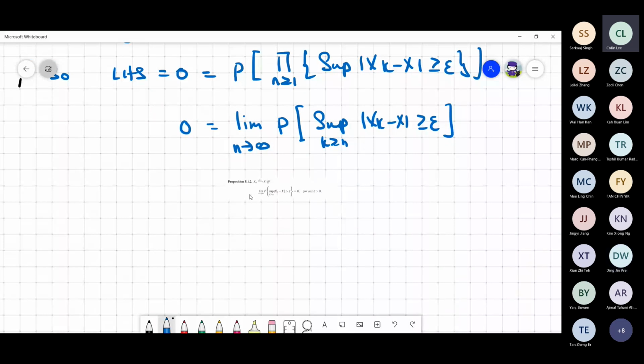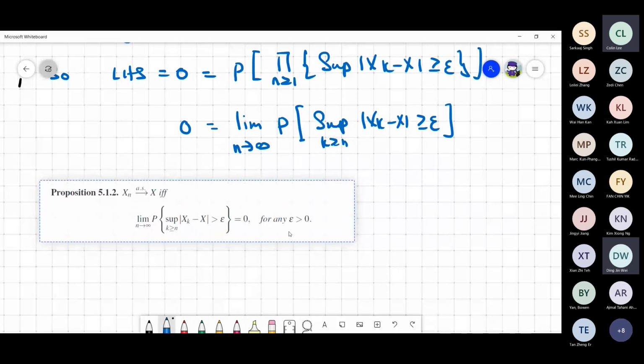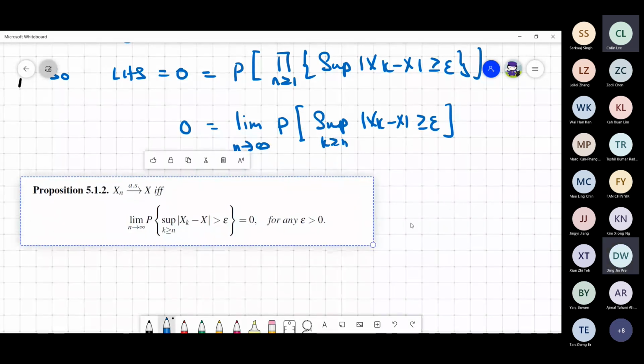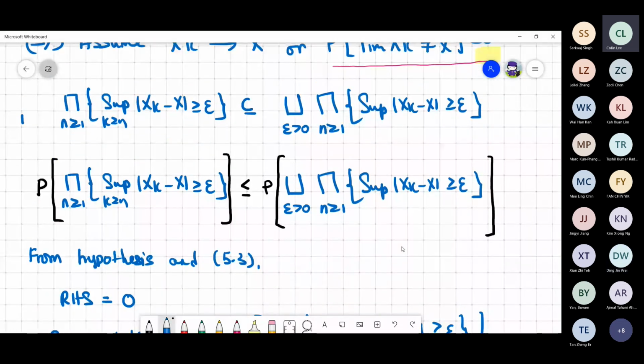Sorry, Doctor. I want to ask, how do we get the left hand side equals to 0? Oh, okay. So it's actually here. This is the left hand side, and this is the right hand side, right? The right hand side is with 0 probability, so the left hand side must be with 0 probability too. Sorry, I should say it clearly.